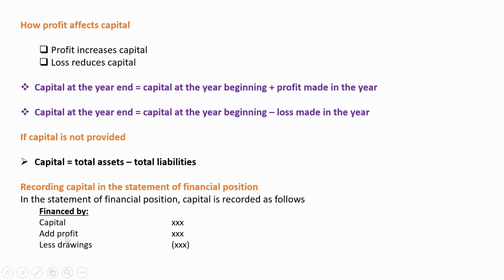Now after we add the profit is when you are supposed to get capital at the year end. So take the capital at the year beginning, add profit which the business made during the year, and if it is a loss, then you are going to less. So you can either add or less depending on whether it is profit or a loss. Then you less drawings. So the amount you get here is now the capital the business has as at the end of that year.